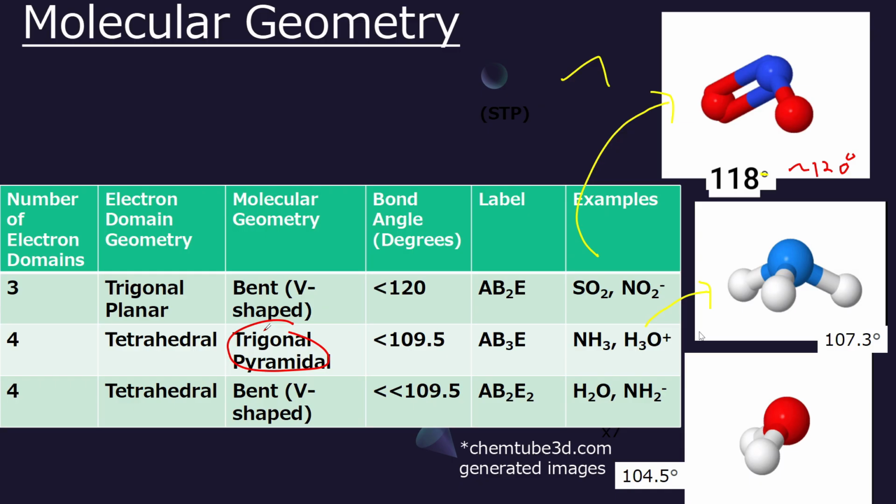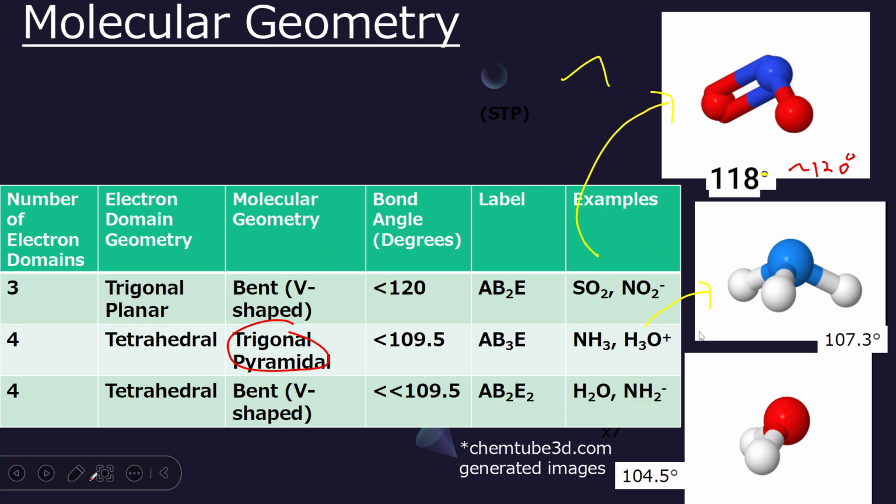Two of them now push the bonding pairs much closer together, so it's much less than the usual 109.5 bond angle. So this is also bent, but we can label it with bent 109.5 version, or V-shaped 109.5 angle. Okay, so definitely memorize these labels, angles, electron domain geometry, and molecular geometry.